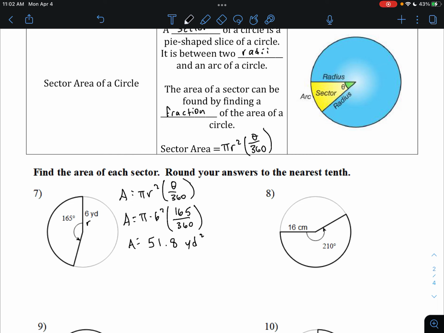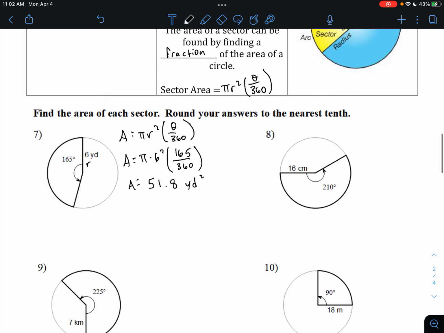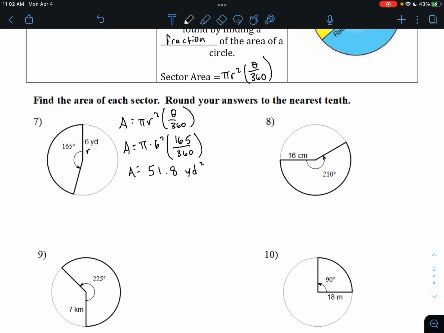Okay, if you got that right, should be good to go, but let's look at another example just to make sure. And we want to write down the equation every time. Area equals pi times the radius squared times theta over 360. And that equals pi times the radius of 16 squared out of 210, our angle, over 360.